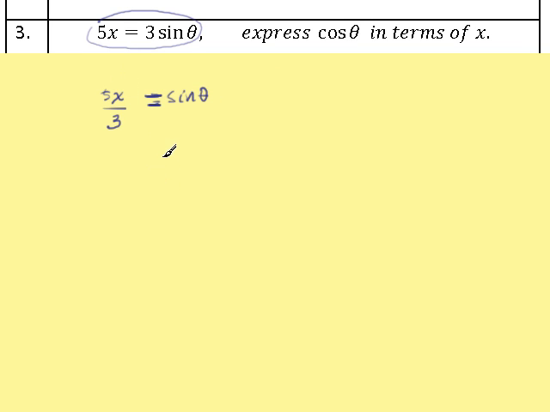And the way we were doing this is we were drawing a triangle and putting theta in our triangle. And theta is an angle whose sine is 5x over 3. Remember, sine is opposite over hypotenuse.